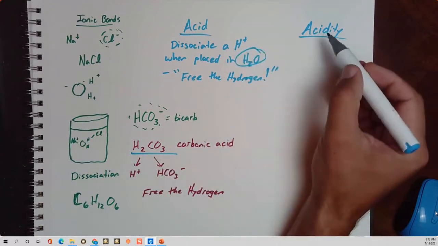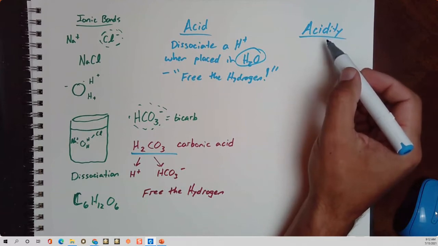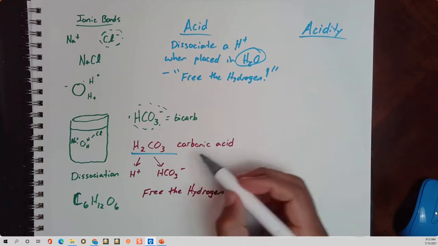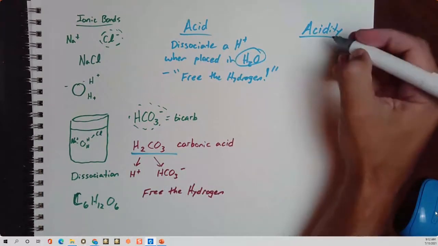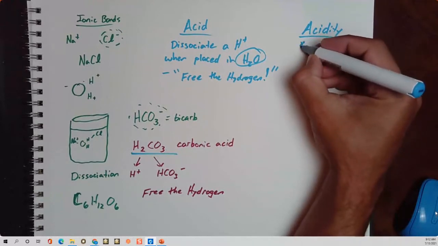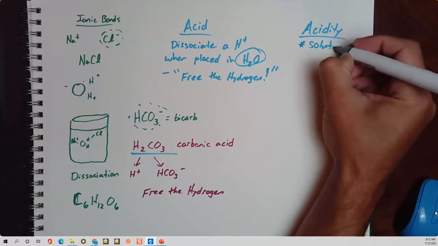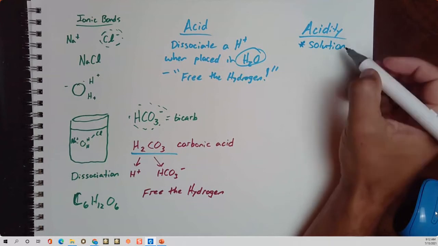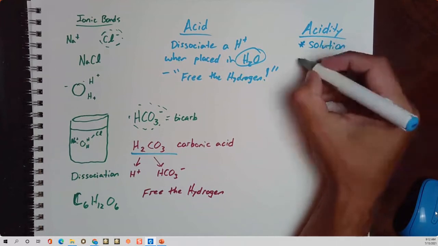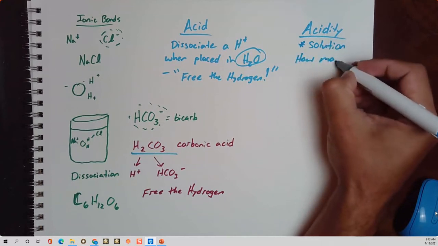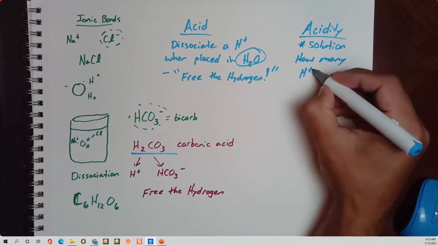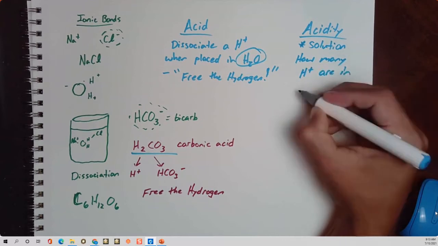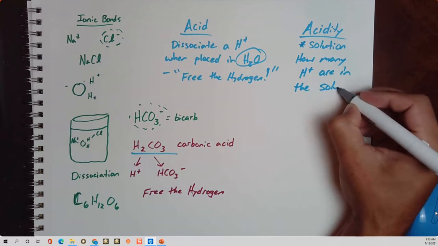Okay, acidity is what's going on in the solution. We're not talking about the molecule. We're talking about the solution here. Does that make sense? This is all about the solution, and it's how many hydrogens are in the solution.